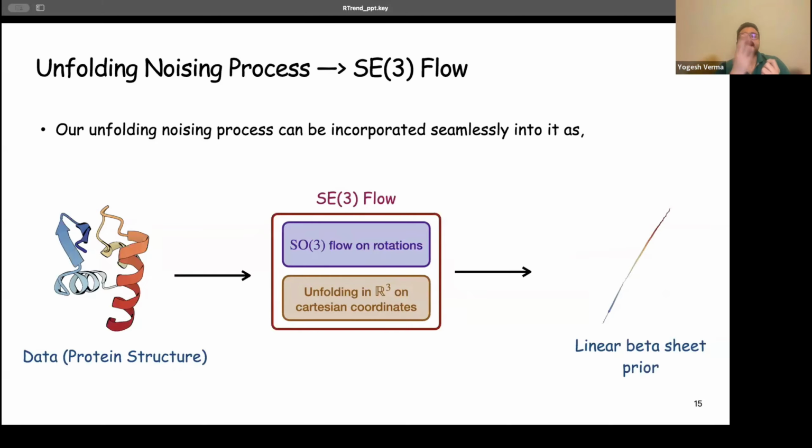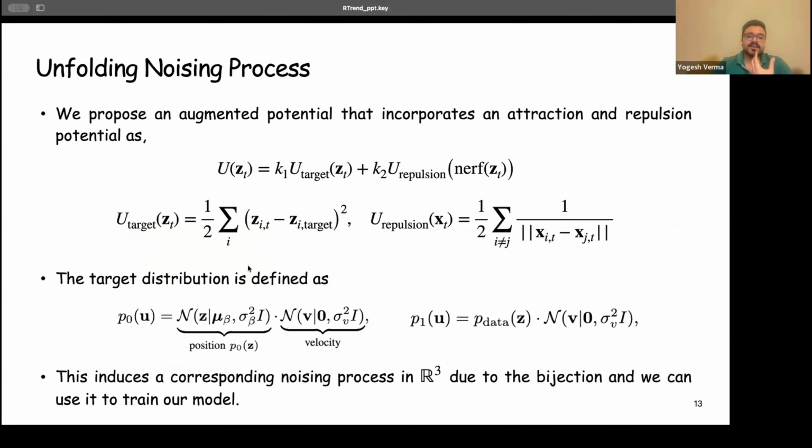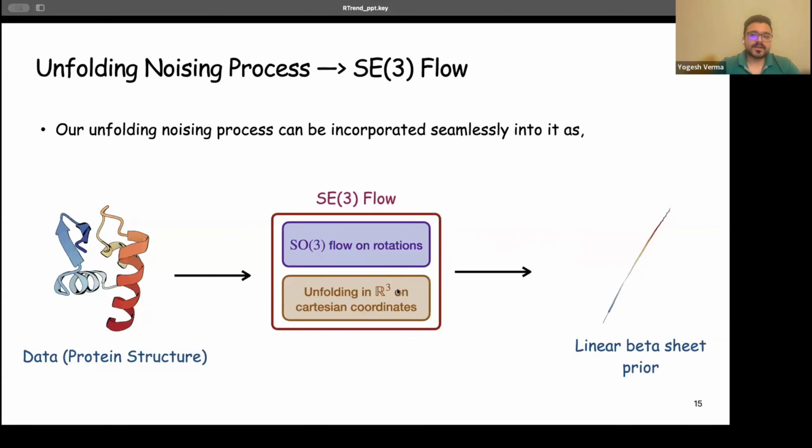The rotation is just an alignment of how it looks. And all the terms that we are trying to enforce, in the target and in the repulsion term, only depend on the R3 Cartesian coordinates and not on the rotational space. So we can directly plug it in at the SE3 flow, it will take us to a linear beta sheet prior, and we try to learn the reverse.